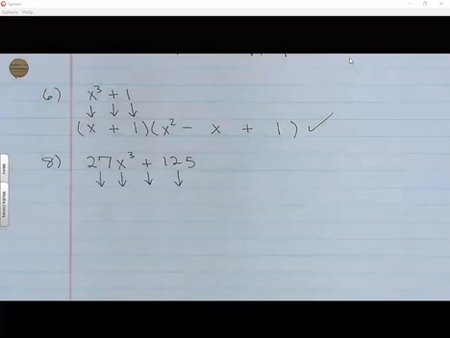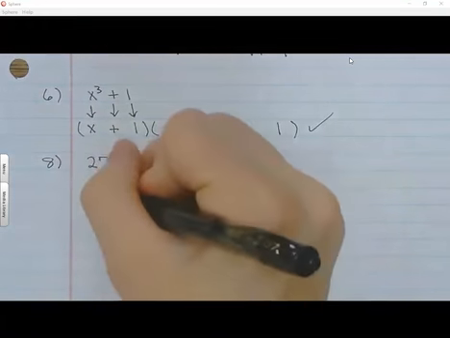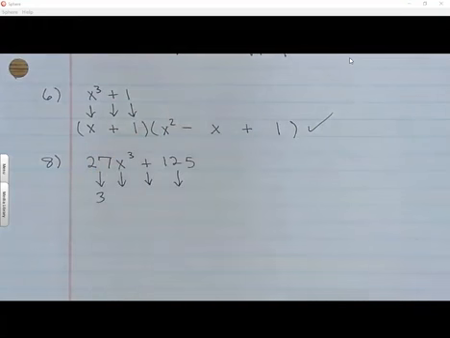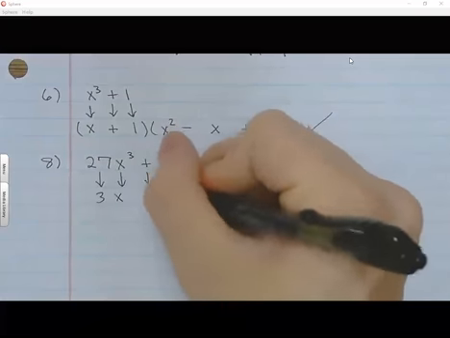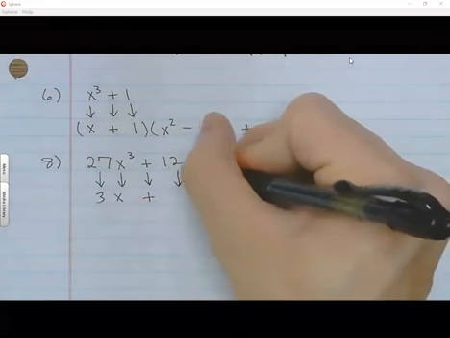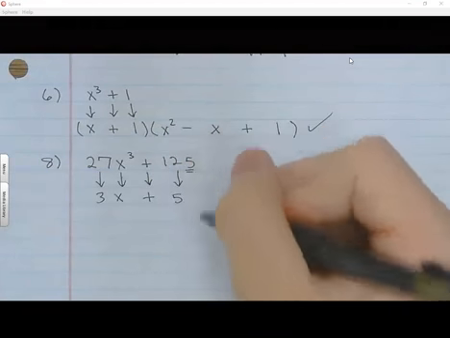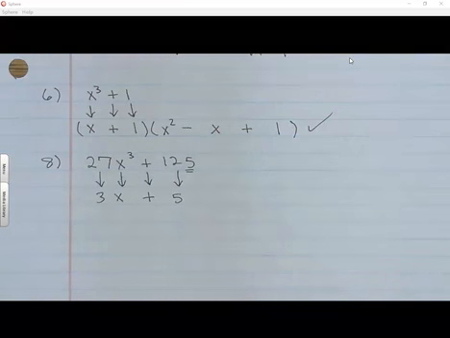All right, so what's the cube root of 27? That would be 3. So I bring down a 3. The cube root of x cubed, that would just be x. Bring down my plus. The cube root of 125 is 5, right? It kind of ends in a 5, so that's easy to remember. Not all perfect cubes are like that, but some of them are, you know.